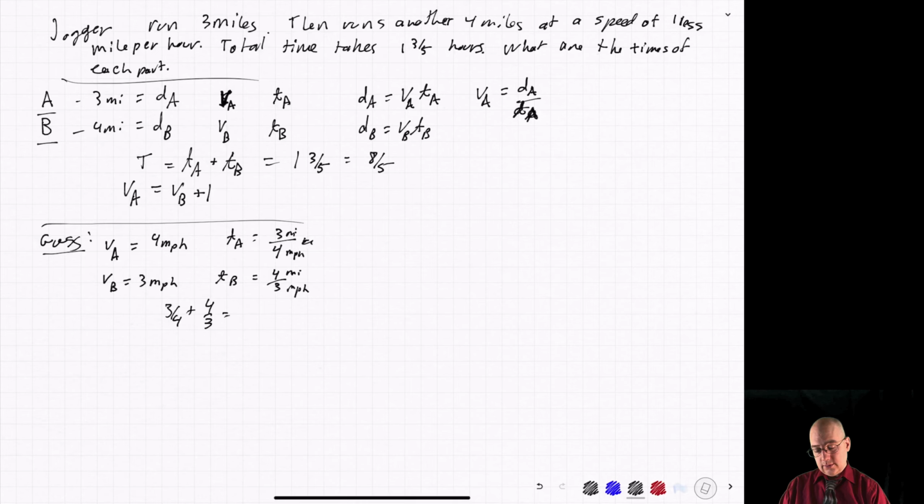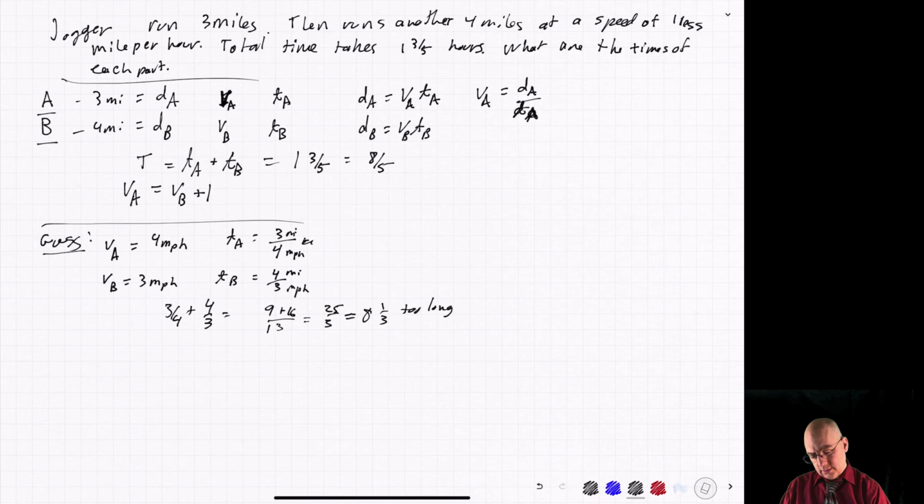is equal to, let's see, 9 plus 16 over 3, 25/3, or 8 1/3. So that seems to be too long. I was surprised that came out to be, that's not right.